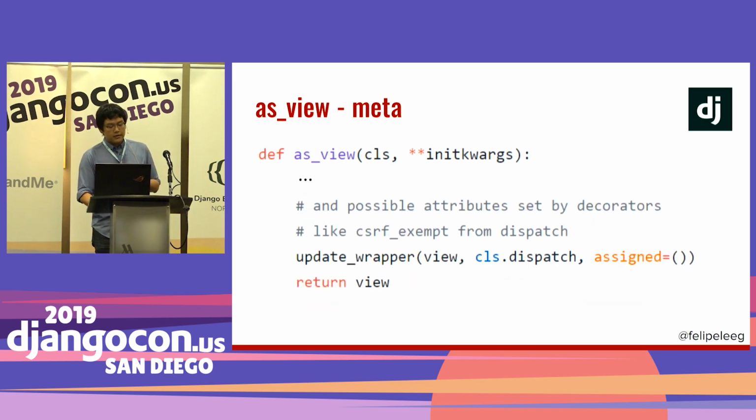And then the last thing is, I haven't gone over decorators really, but decorators are typically put on dispatch, and they sometimes set up attributes on the dispatch itself. So we want those too, so we do the same thing again with update_wrapper, except this time we pull them from dispatch. And one example of an attribute that might be set is like csrf_exempt. And then at the very end of asView, it returns view, as is.